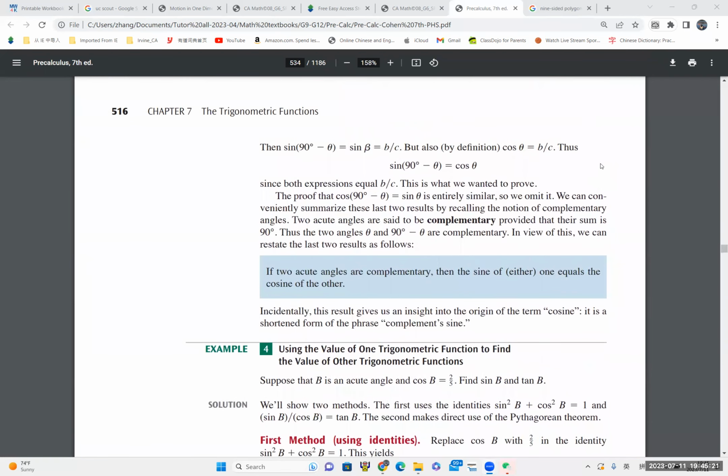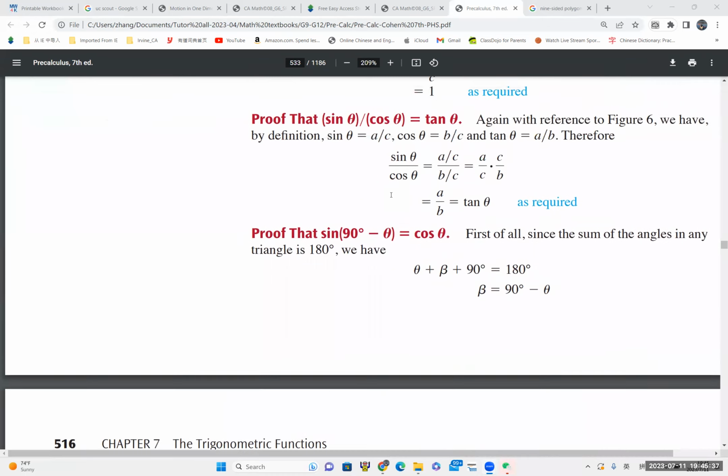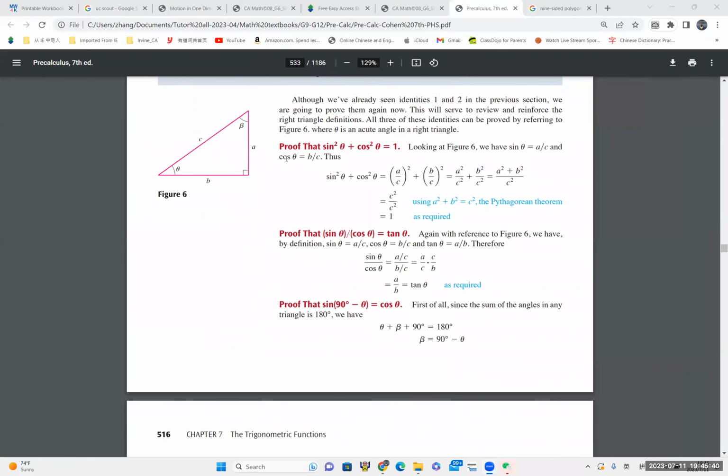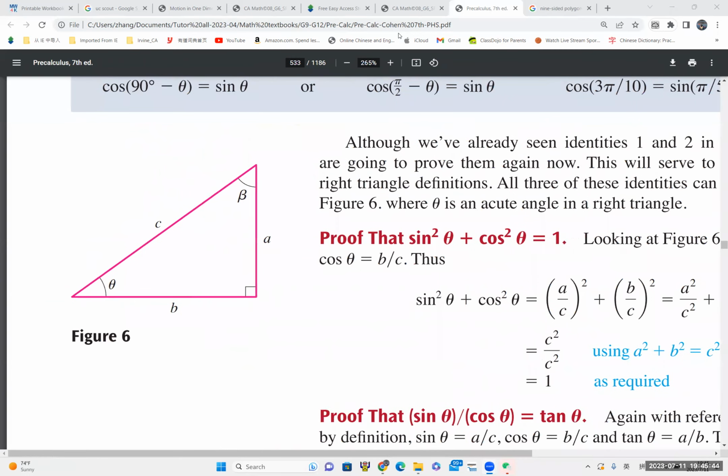Here's your conclusion. For two acute angles, if they are complementary, then the sine of one equals the cosine of the other. It's easy to get this relation. For example, if this is alpha, then you can call this half pi minus beta.